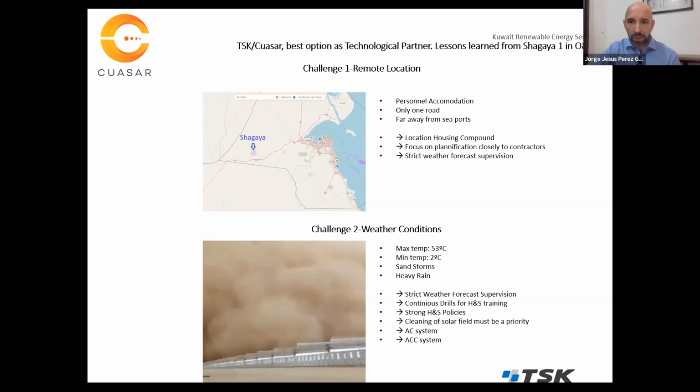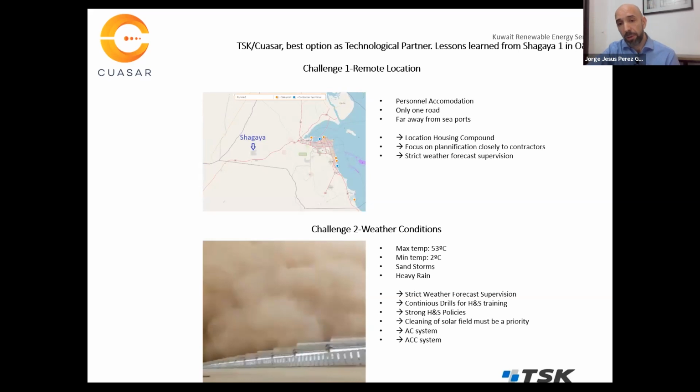Focus on planning closely with contractors in order to avoid excuses, because it is well known that when there are sandstorms, we cannot do anything. Okay, we can plan, we can look closely at the weather forecast, and we can anticipate the problem in order to put a solution in place.